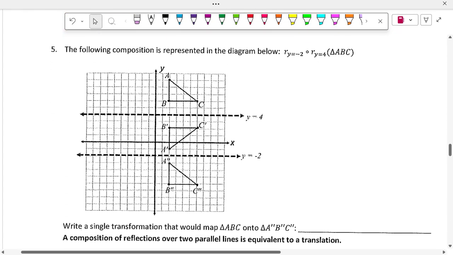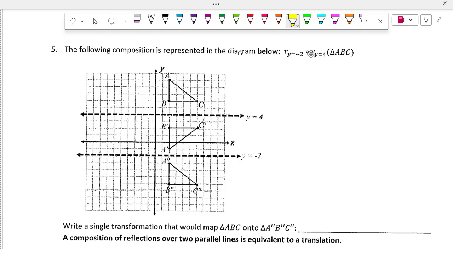Now, if we look at this diagram, the following composition is represented in the diagram below. So what did they do first? They reflected over y equals 4 first. What do they do second? They reflected over y equals -2.